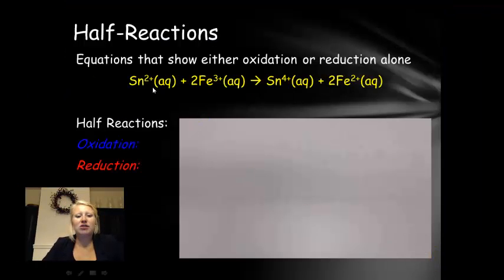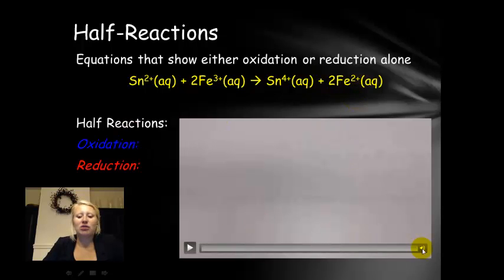Half reactions are equations that show either oxidation or reduction alone. Here's an example. Tin ion, tin +2, plus 2 iron ions, iron +3, goes to tin +4 plus 2 iron ions +2. So in order to write the half reactions, the first thing we need to do is determine which species have oxidation numbers that change.